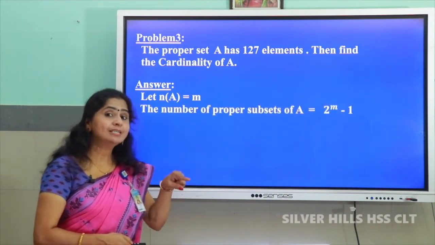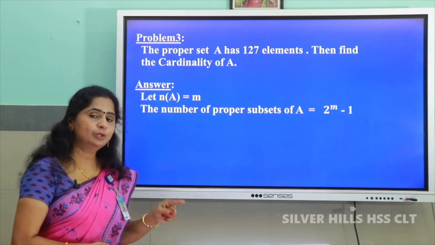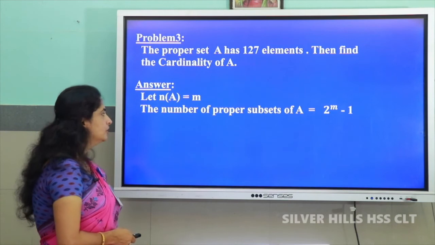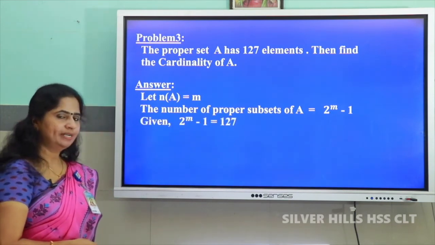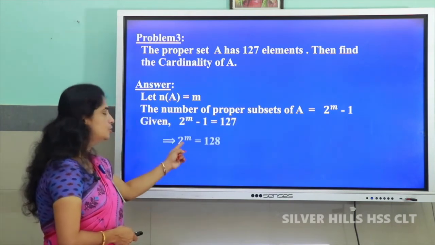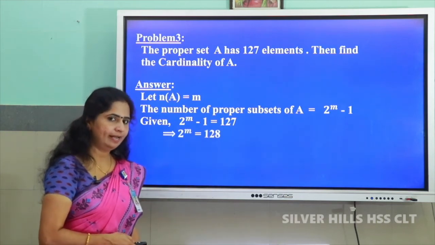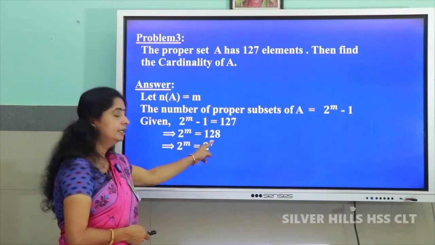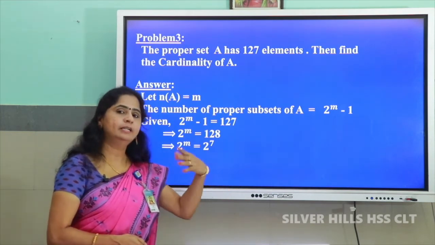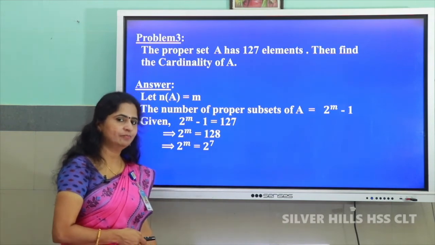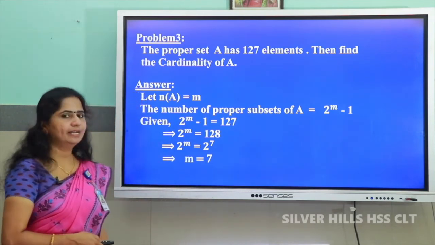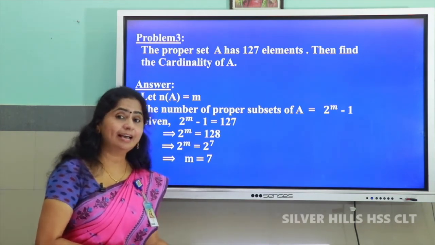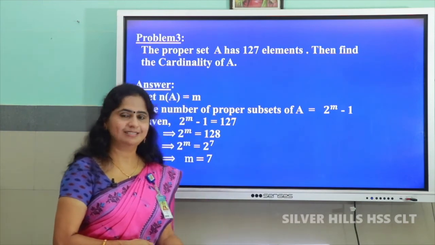How many elements are there in that set? In other words, the cardinality of A. So let's simplify. 2 raised to m minus 1 is 127, which implies 2 raised to m is 128. Since the base is 2 here, 128 should be written as a power of 2, which is 2 raised to 7. Therefore, equating the powers, we get m is equal to 7. Therefore, the cardinality of A is 7, which means A has got 7 elements.